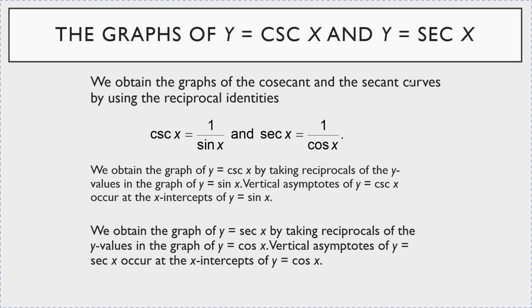Now here's the deal. Vertical asymptotes of y is equal to cosecant of x occur at the x-intercepts of y is equal to sine of x, when sine of x is equal to 0, because remember you can never divide by 0. What we're saying here is cosecant of x has vertical asymptotes there.